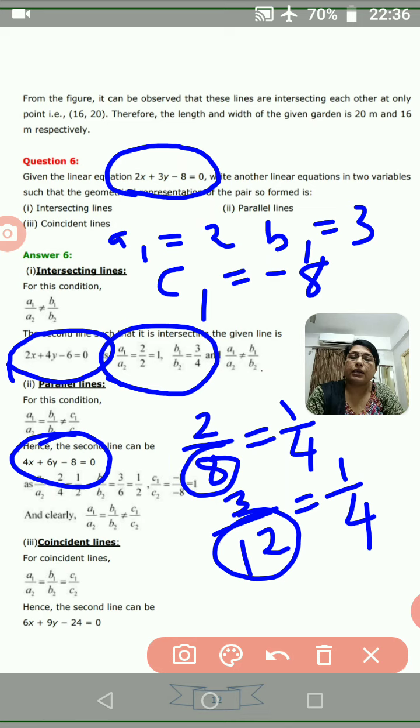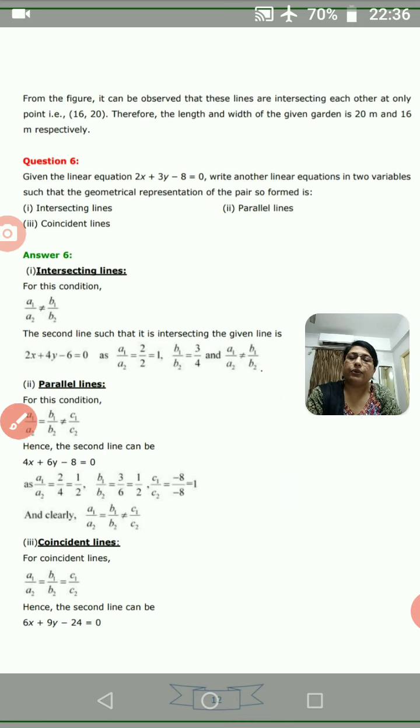Now the last condition is coincident lines, and we know that for coincident lines the condition is a1 upon a2 is equal to b1 upon b2 is equal to c1 upon c2.